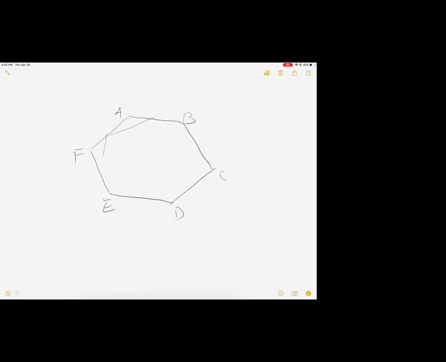One way to do this: if you connect all these midpoints, you come up with another regular hexagon, and all these triangles have the same size. The problem gives you the sizes of this hexagon, this one, and this one, and it's asking for this one.